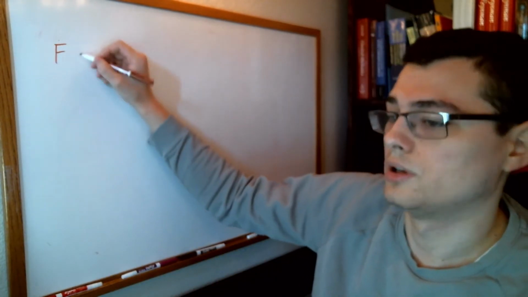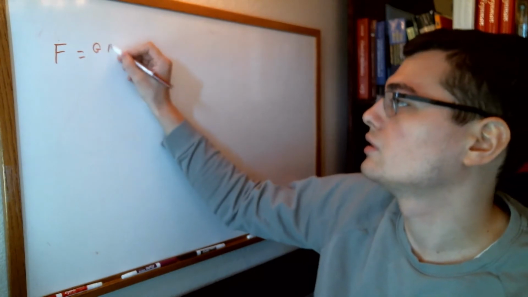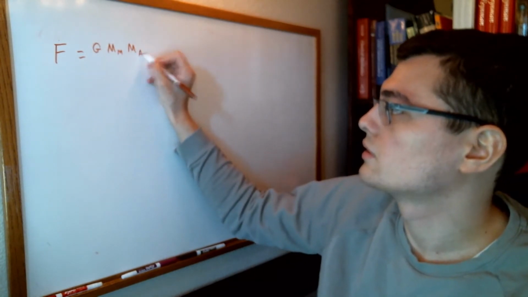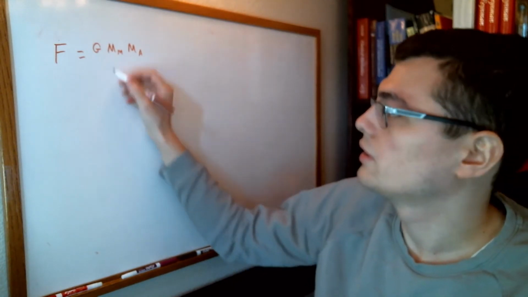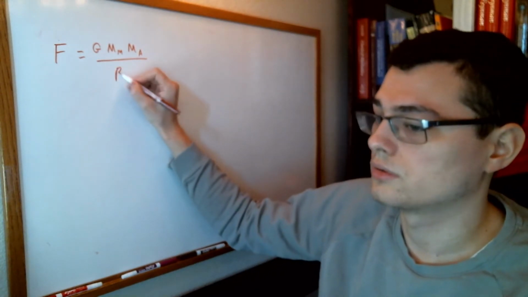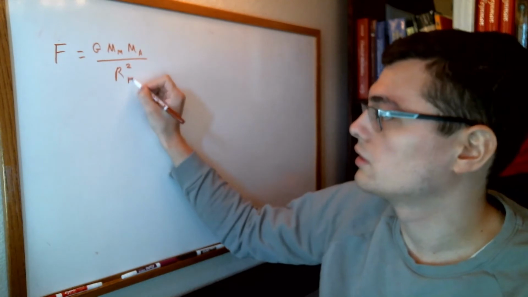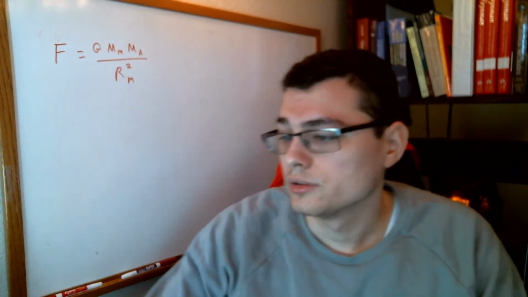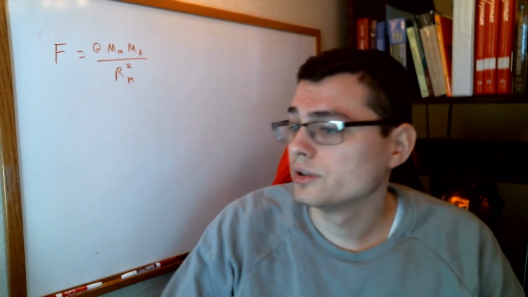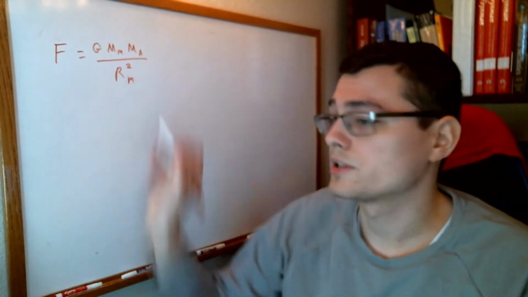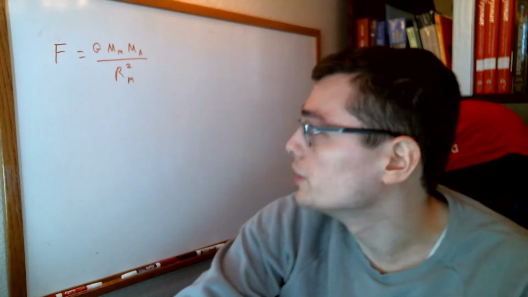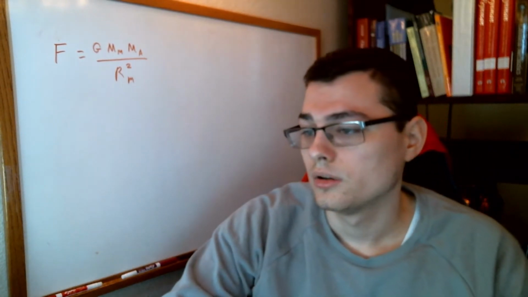Realistically, all we have to do is go G, mass of the moon, mass of the astronaut, all over r squared of the moon, because they're on the surface of the moon. So very quickly, you just have to solve for the mass of the astronaut here. You just have to rearrange this algebraic equation for M_A.